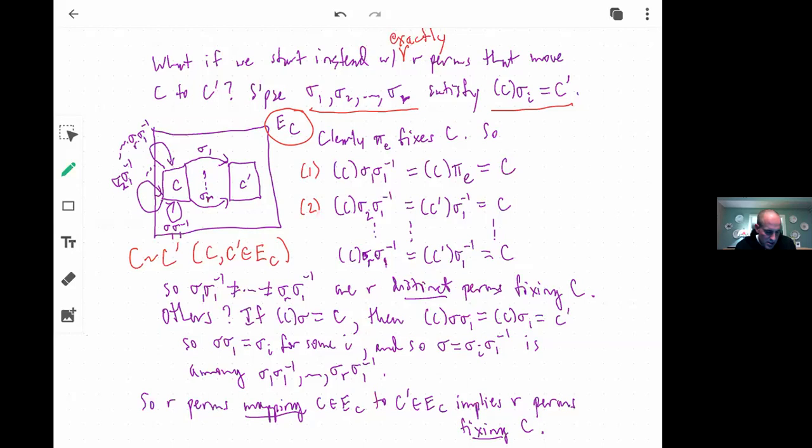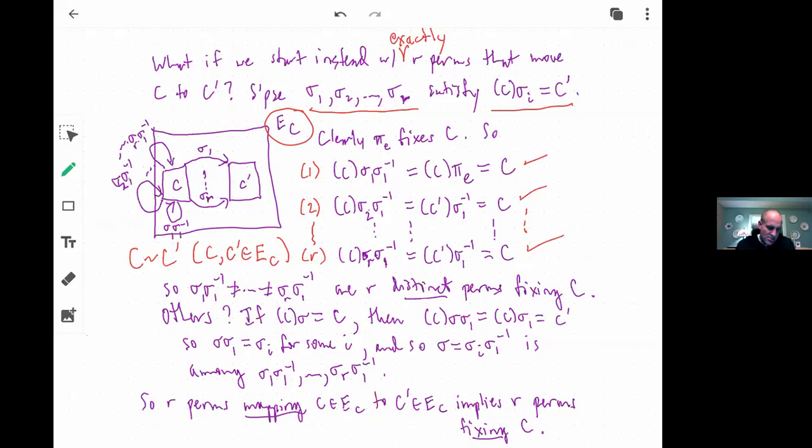Then if I apply sigma 1 inverse to that, I know that sigma 1 sent C to C prime, so sigma 1 inverse sends C prime to C. So both of these first two things fix C. Similarly, I go on down the line and I have R things: sigma 1 sigma 1 inverse, sigma 2 sigma 1 inverse, dot dot dot, sigma R sigma 1 inverse.